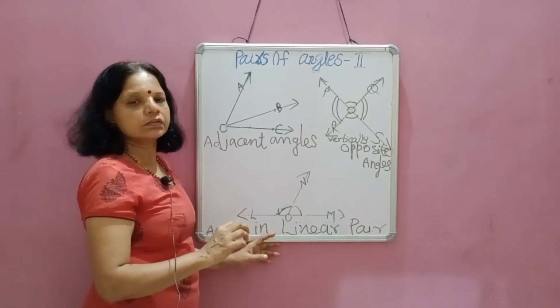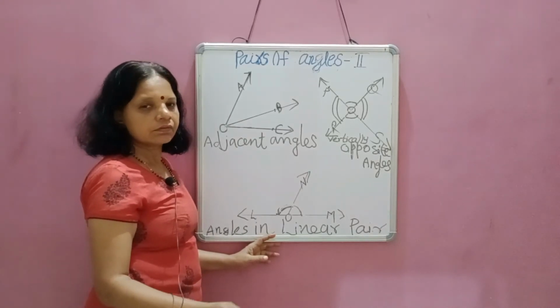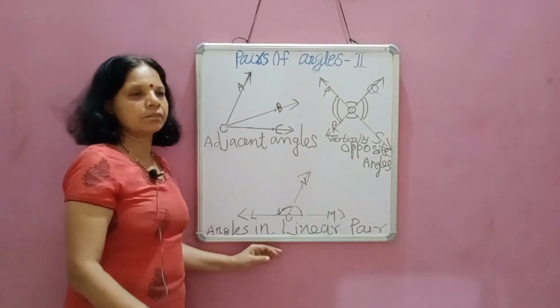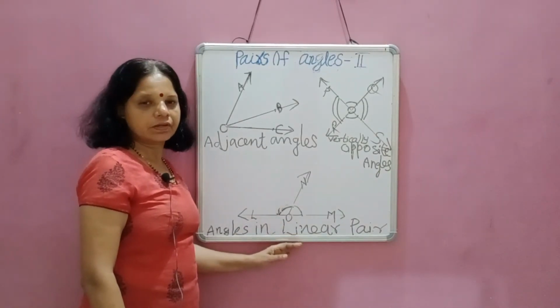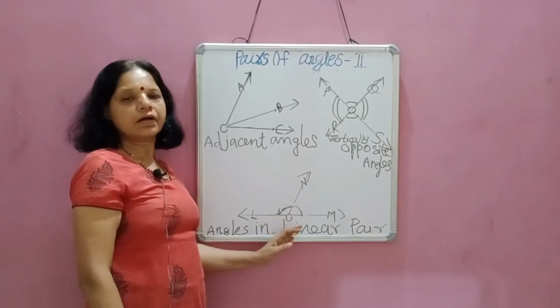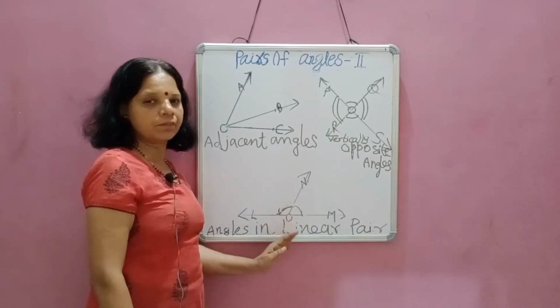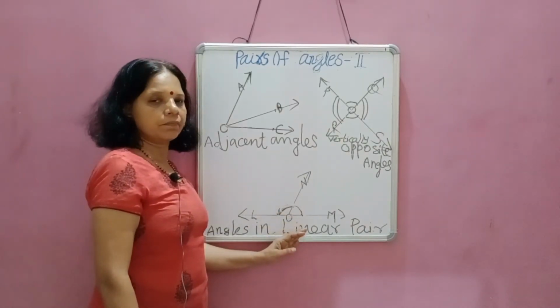They are called supplementary angles. In other words, angles in linear pair are supplementary. That is a very important property of angles in linear pair.